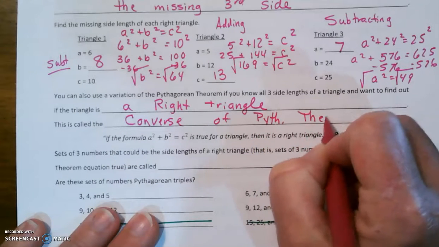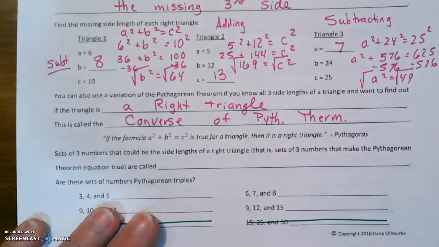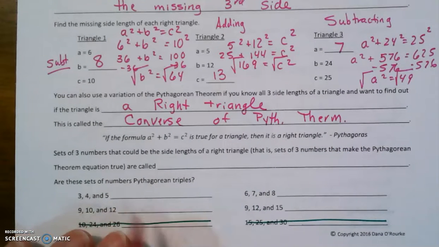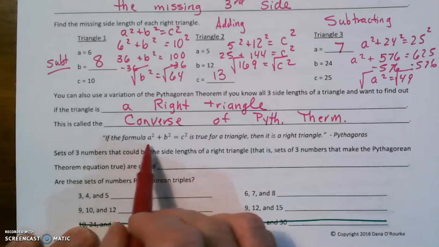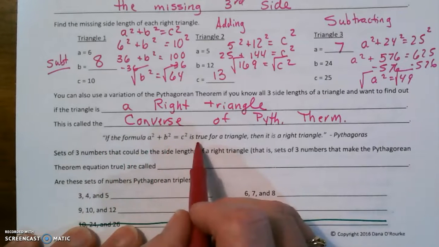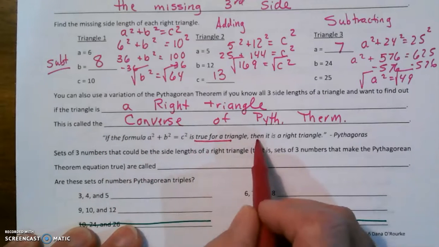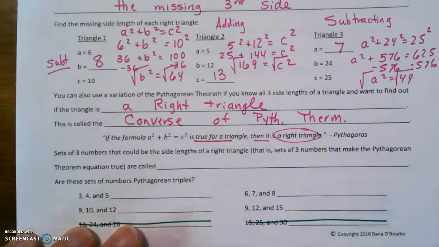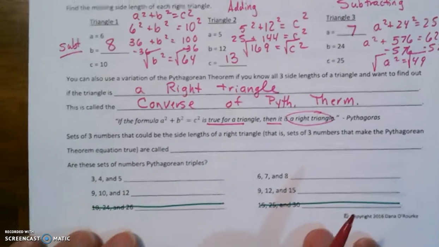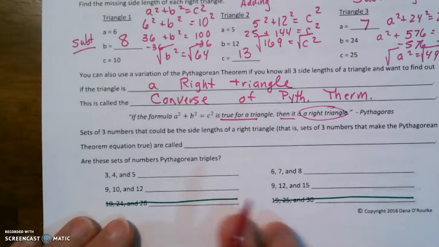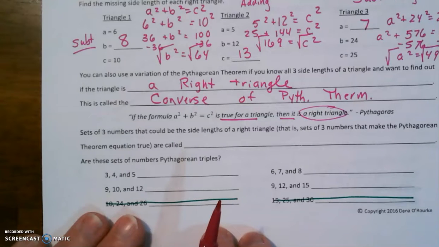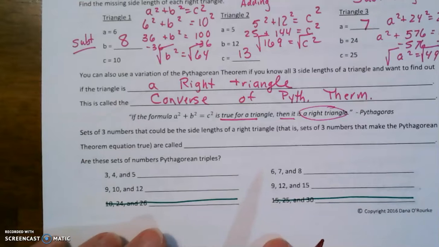I'm going to start to abbreviate for you guys. The converse says if the formula a squared plus b squared equals c squared is true, then we know that we have a right triangle. So if we look at a set of numbers and we plug that in to the Pythagorean theorem and it comes out to be true, we know our triangle is a right triangle.